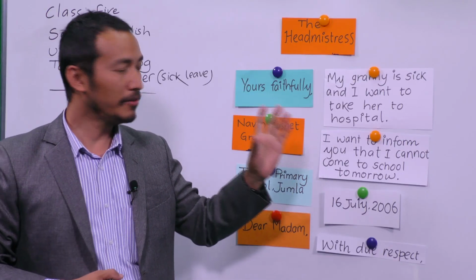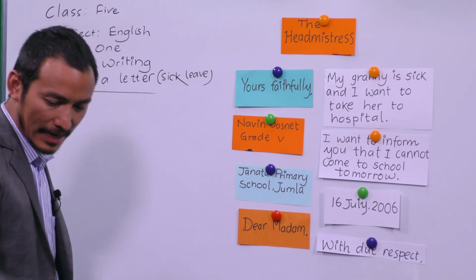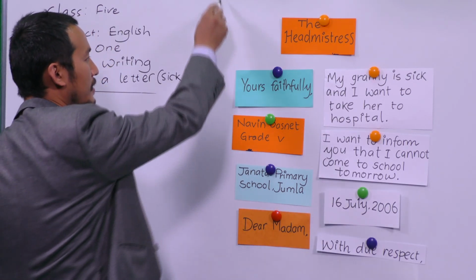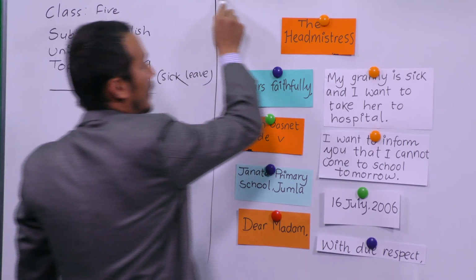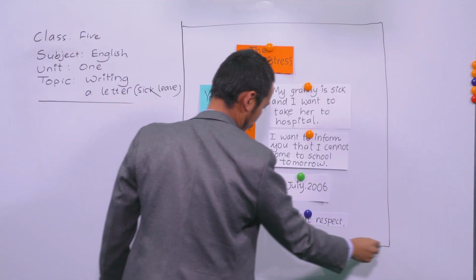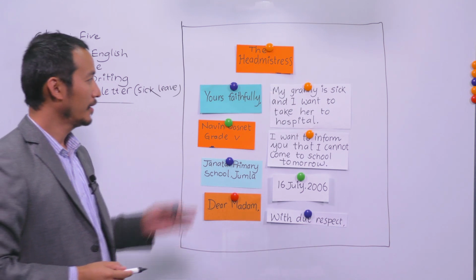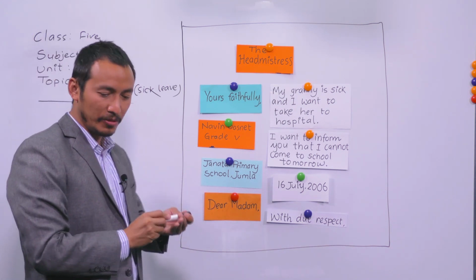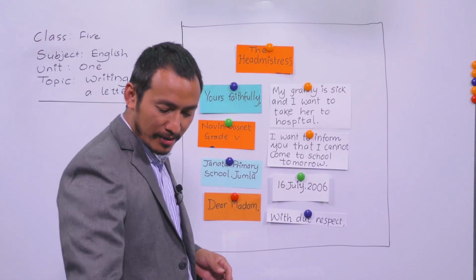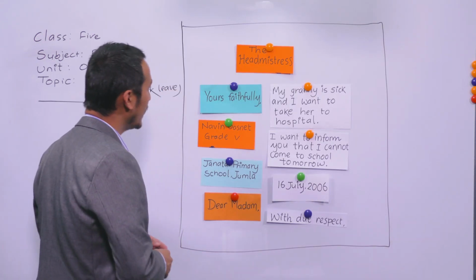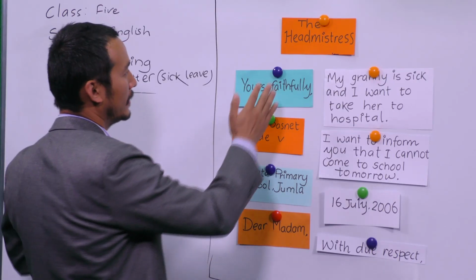All right, students, can you do that? Let's imagine this is the page of your paper. Okay, you're writing a letter here and you have to write in correct order. Can you do that? Okay, let's see one. The headmistress.